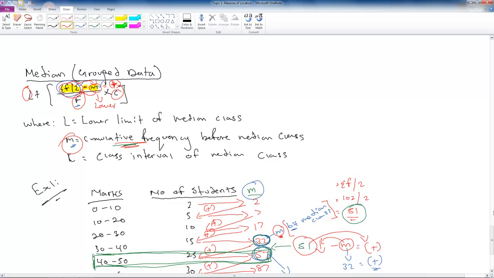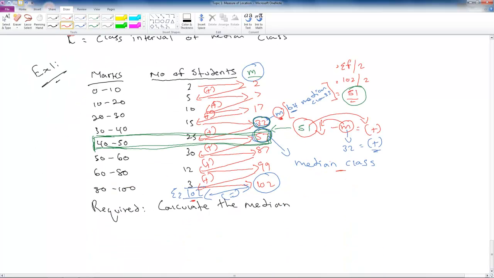Now the next part is, we already know that this whole row is our median class, so we need the frequency. So what is our frequency? Since this is our median class, our frequency is 25. What is our class interval?